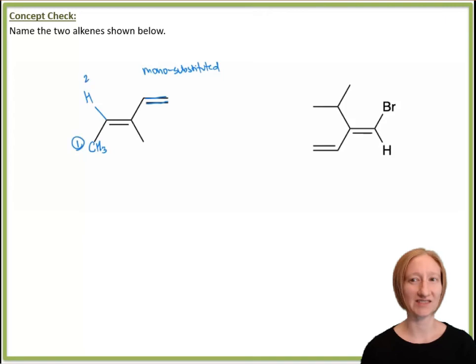And to determine that designation, we need to prioritize the groups on each carbon. On the left carbon, the methyl group is a higher priority than the hydrogen. And on the right carbon, the alkene is a higher priority than the methyl. The two high priority groups are on opposite sides of the alkene. So this is an E isomer.